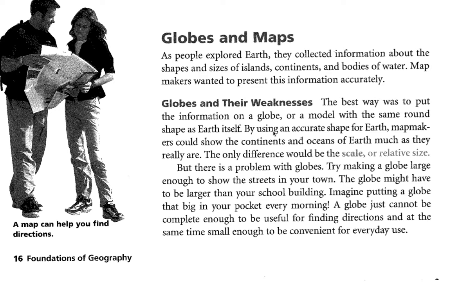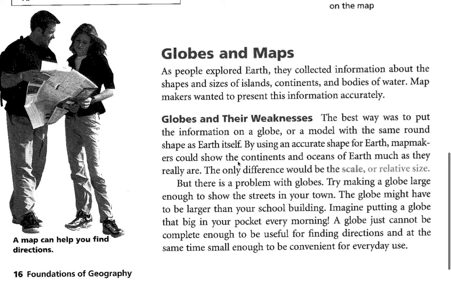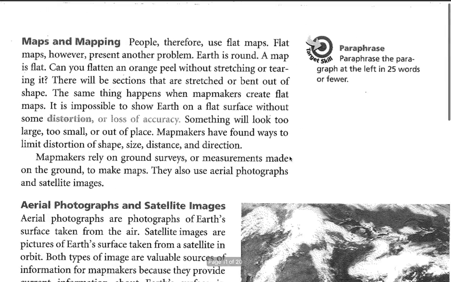The only difference would be the scale or relative size. But there's a problem with globes. Try making a globe large enough to show the streets in your town. The globe might have to be larger than your school building. Imagine putting a globe that big in your pocket every morning. A globe just cannot be complete enough to be useful for finding directions and at the same time small enough to be convenient for everyday use. So that's why we use maps, not globes.